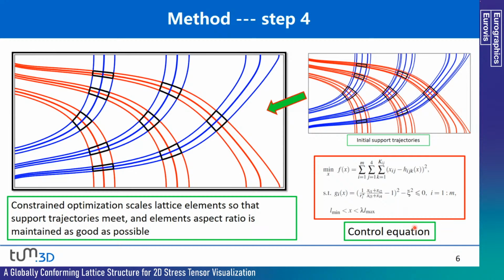What's noted is that we relax the objective function into an explicit function with respect to design variables, so the entire control equation is derivable. Thereby, it can be solved easily by some efficient gradient-based optimizers.